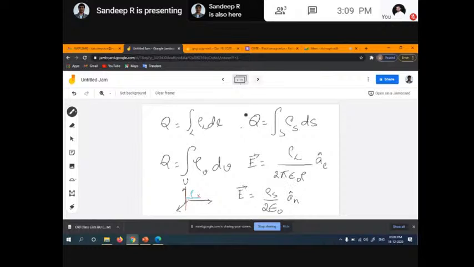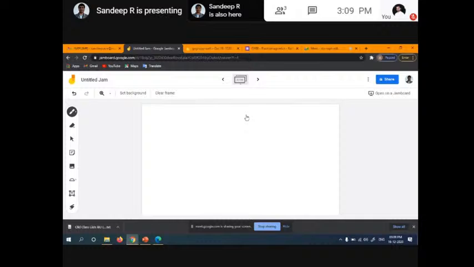To stress on this, suppose I have the three axes, say this is x, this is y, and this is z, and I have an infinite sheet parallel to the YZ plane, and my point of interest is somewhere here.